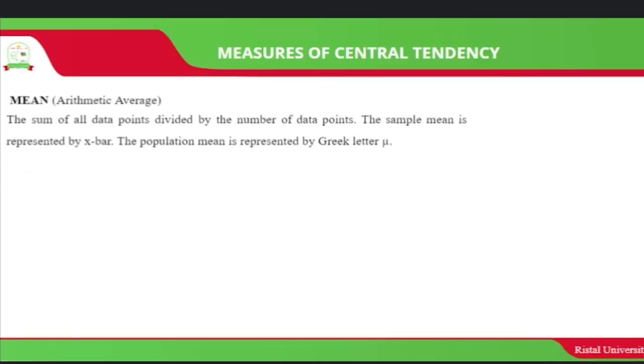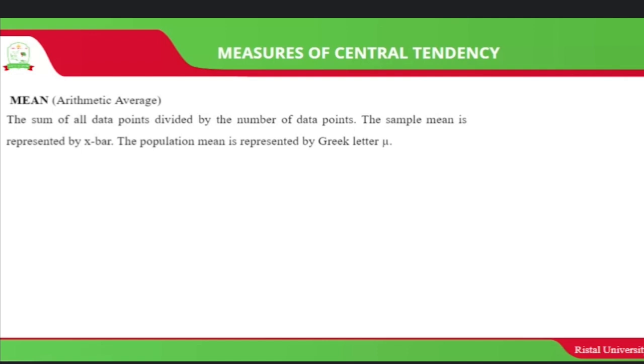So first, let's look at the mean, which is also commonly known as the arithmetic average. The mean gives us the sum of all data points divided by the total number of data points. The sample mean is represented by X bar, and usually the population mean is represented by mu. Most of the time in statistics, we use the sample mean to draw inferences about the entire population.